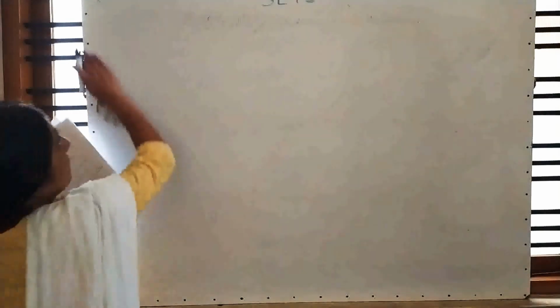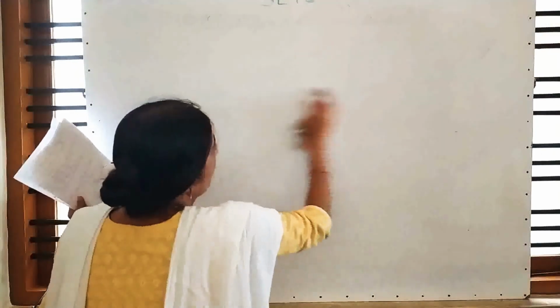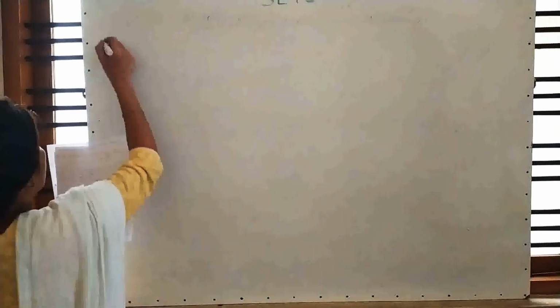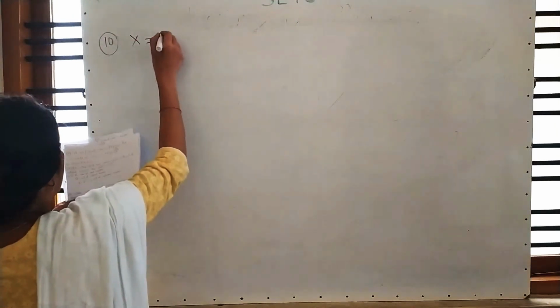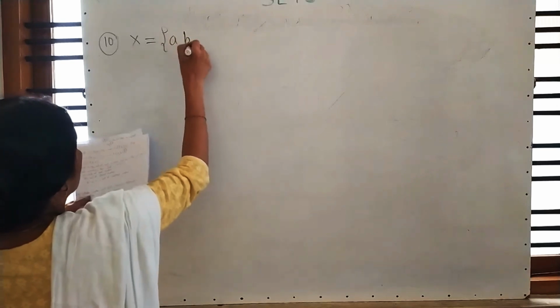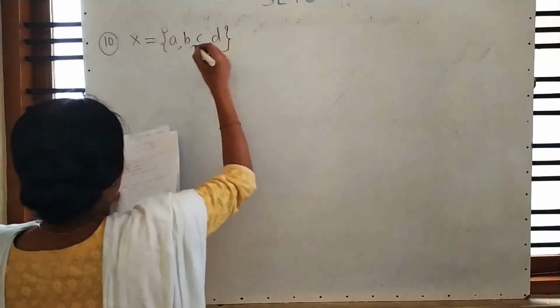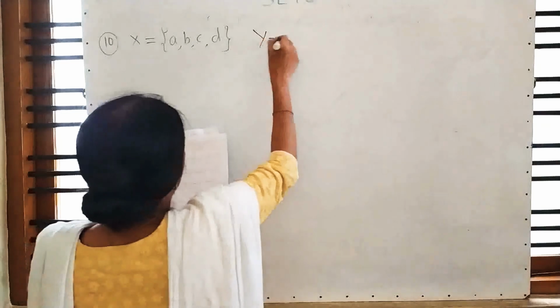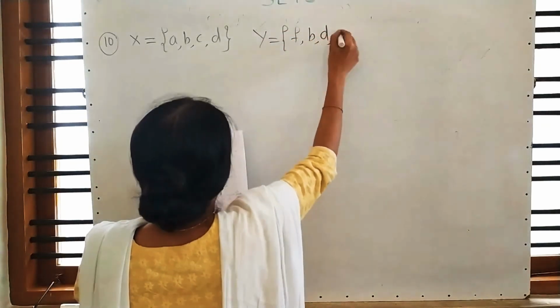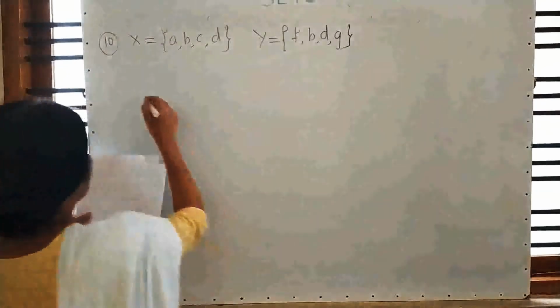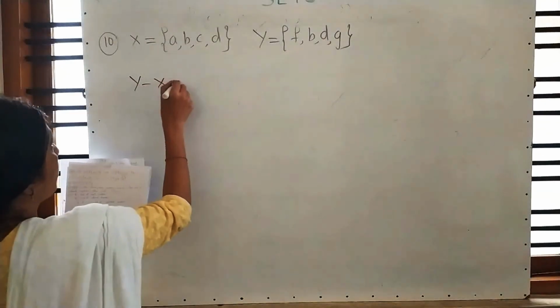Tenth main question. The set X is given: A, B, C, D. Set Y is given: F, B, D, G. And in that they are asking Y minus X as the homework.